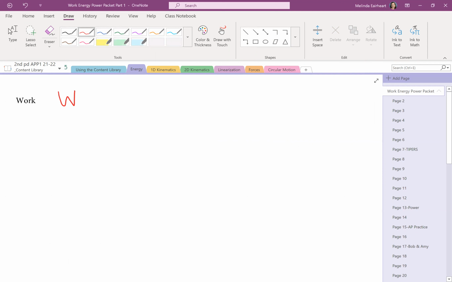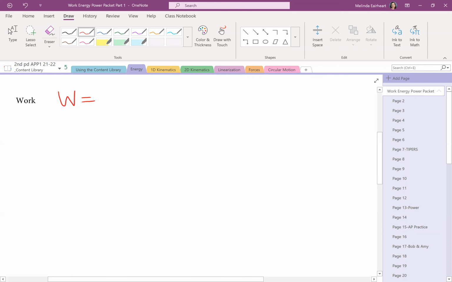Weight might have a capital W. Officially, on the AP exam formula chart, the capital W means work.